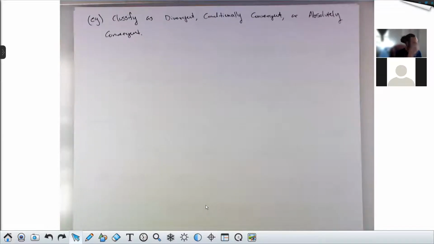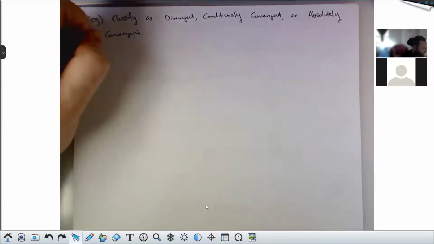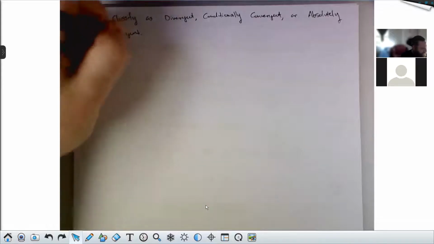I'm going to give us some series, and I want to classify each of those series as divergent, conditionally convergent, or absolutely convergent. Tell me which basket it lives in, and if it lives in the convergent basket, does it live on the absolute side or the conditional side? I'll give us some series to play with here.